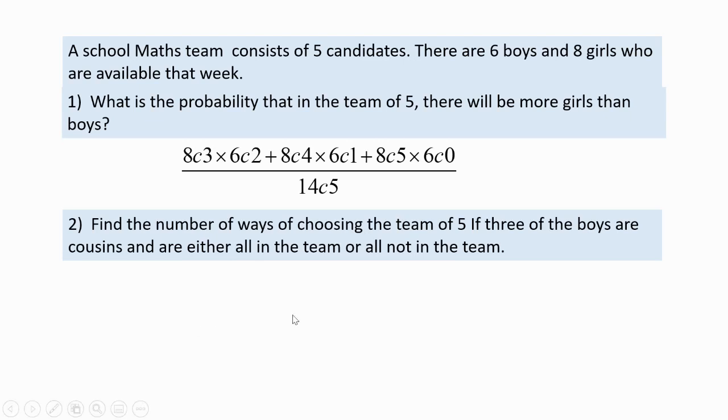So in this first case, you could either say, all right, so the cousins are in. So that means 3 of them are in, which means there are 11 left, and I need to choose 2 of them. Or you go, okay, cool, the cousins are out. So that means I'm still choosing from 11, but now I'm choosing 5 different candidates from the 11. And that's as simple as that.